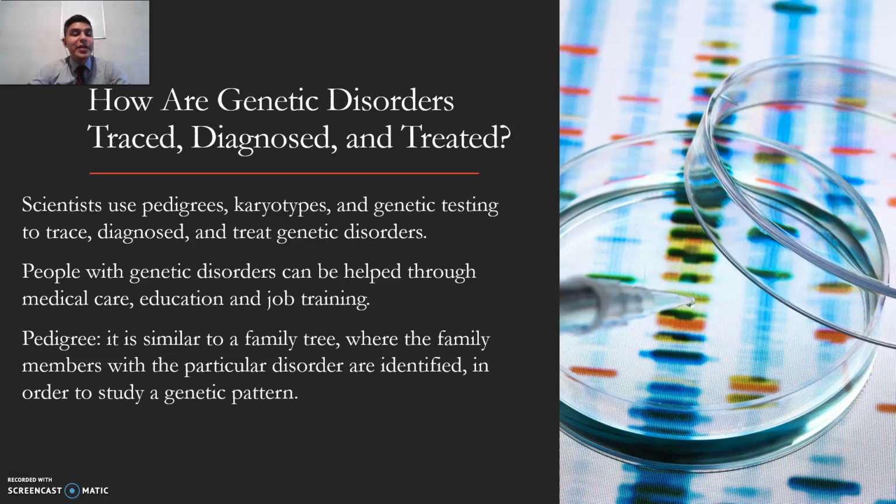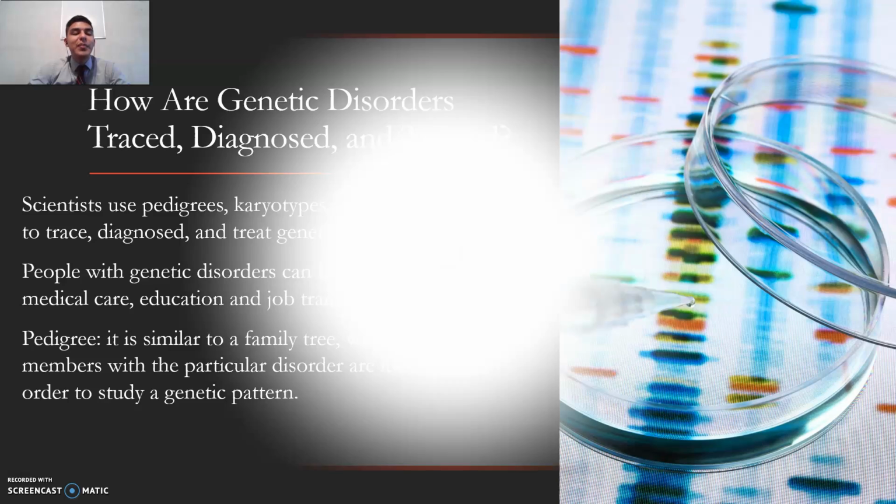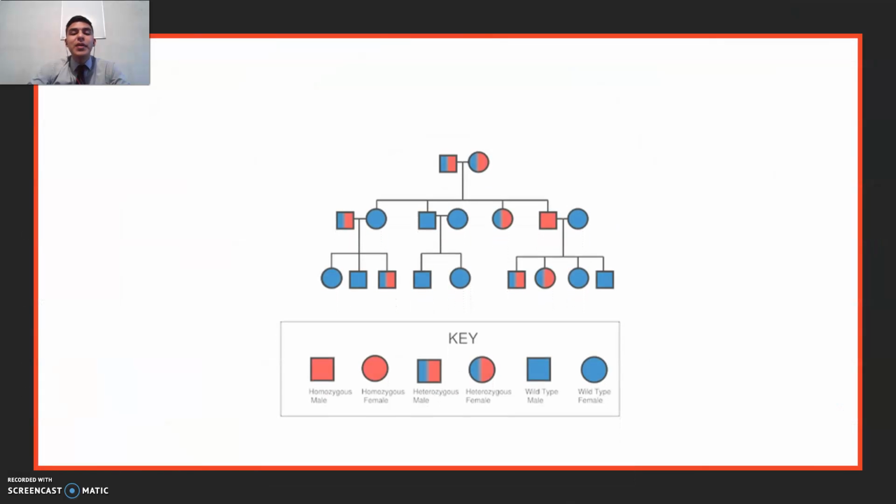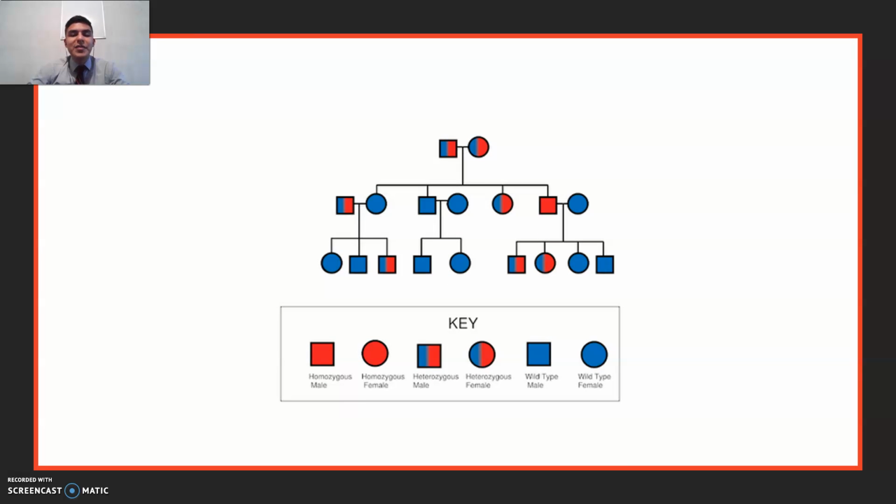Now we're going to talk about pedigree. What is it? It is similar to a family tree, where the family members with a particular disorder are identified in order to study a genetic pattern. I want to show you an example of what a pedigree looks like. Right over here is the family tree, but we're going to be identifying different colors and shapes in order to trace the specific disorder that we want to study.